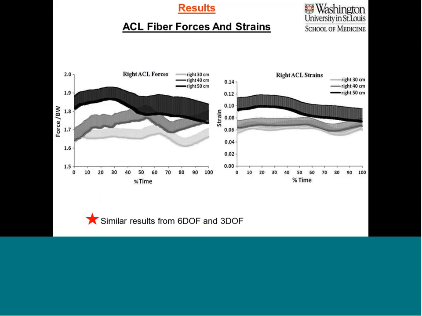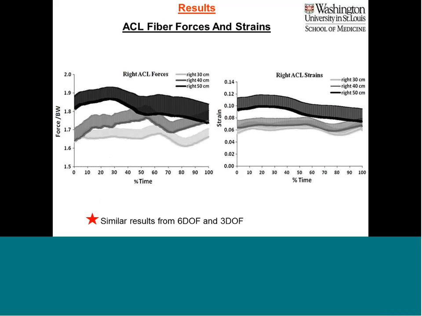So one of the final results that I'm going to show you is the ACL fiber forces and strains obtained from computed muscle control and forward dynamics. We found that the ACL forces, which should be lower during the first phase of recovery or right after touchdown, were actually not as low as we expect, and that is possibly due to the knee valgus.